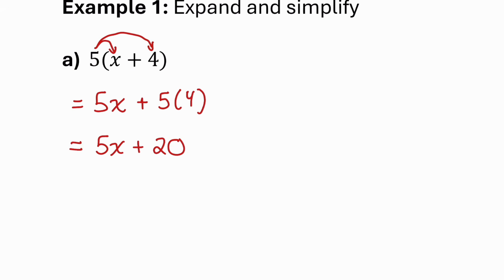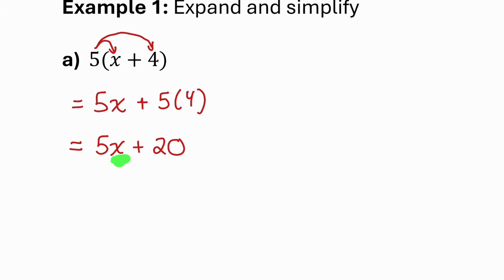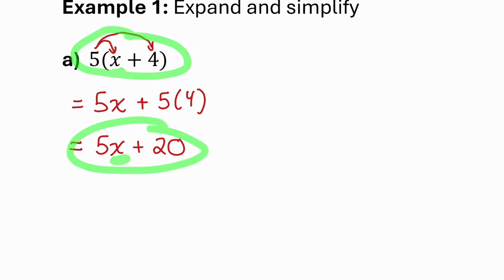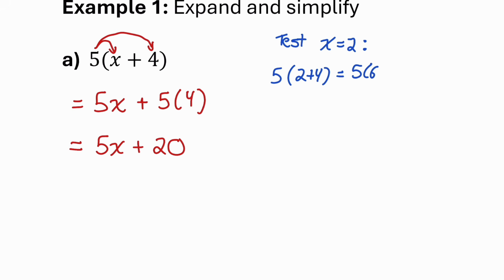And if you wanted to, you could pick a test value for x to make sure that this statement down here is in fact equivalent to the original expression. Any value for x subbed in for that x or that x should make these expressions equal the exact same value, since we're stating they're equal to each other. For example, if I tested an x value of 2, in the original expression, it would be 5 times 2 plus 4, which is 5 times 6, which is 30.